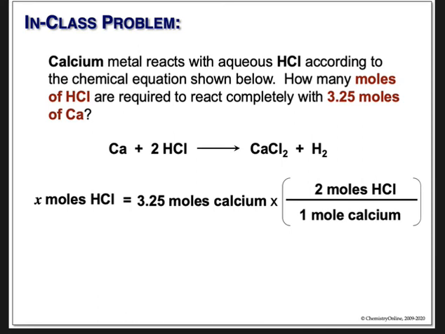Moles of calcium will cancel, and the math is the same. 3.25 times 2, 6.5. So once you look at these things, they really start to fall into place and to be simple. Any questions?